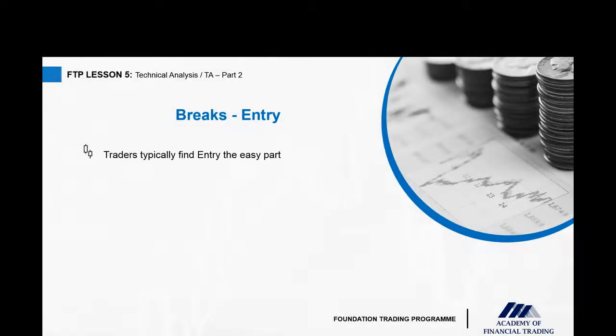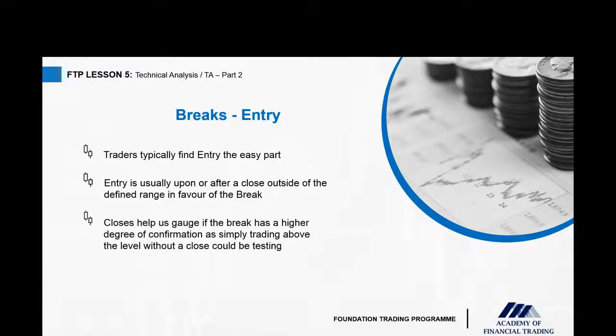So when we're talking about entries, finding entries is the easiest part. We've looked at entries over the past few moments. When a market breaks out, we can look at these areas and say that we expect them to continue.